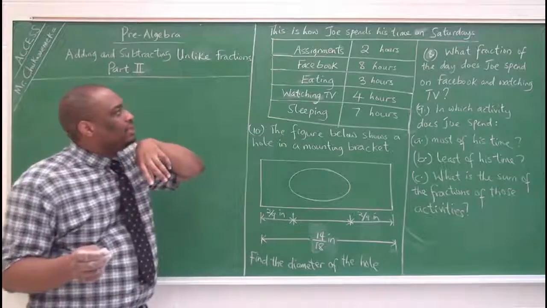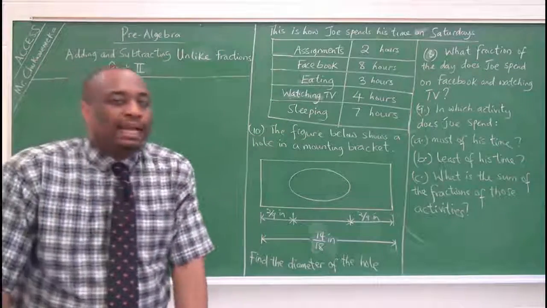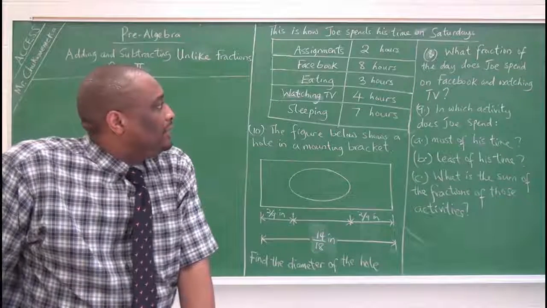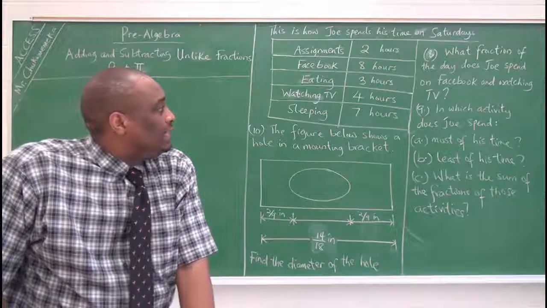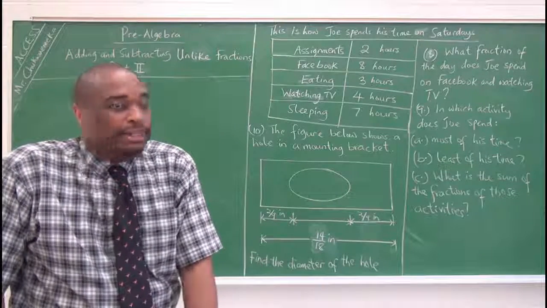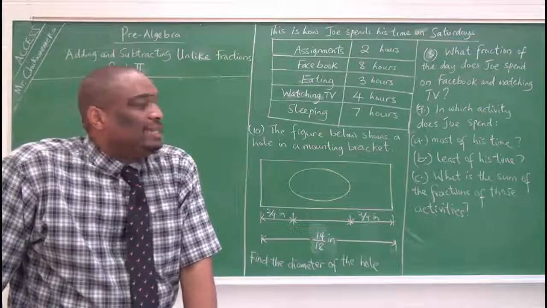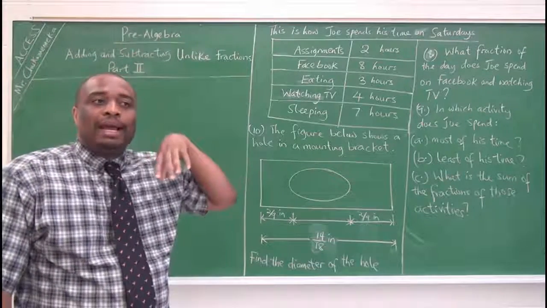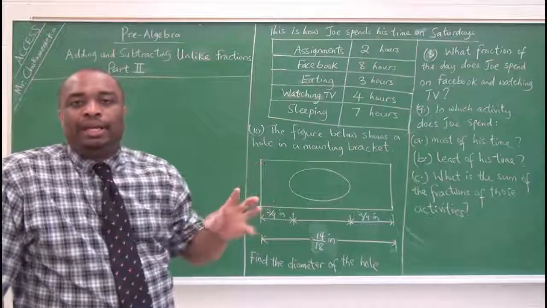He uses 2 hours to do assignments, 8 hours to be on Facebook, 3 hours to eat, watches television for 4 hours, and sleeps for 7 hours. Let's first add it up. How many hours do we have in a day?